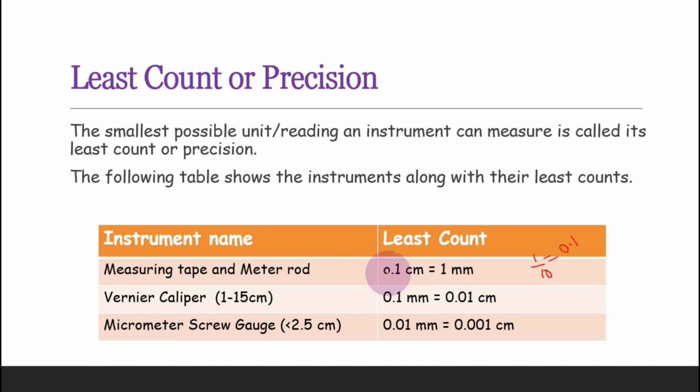Now, what is parallax error? It is an error caused by a person when the eyes are not positioned perpendicular to the rule. For example, if I want to measure the length of this block, my eyesight should not be like this, nor like this. These are the wrong positions of the eye, and this will cause an error.